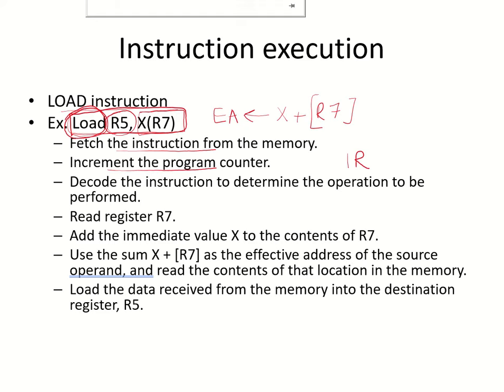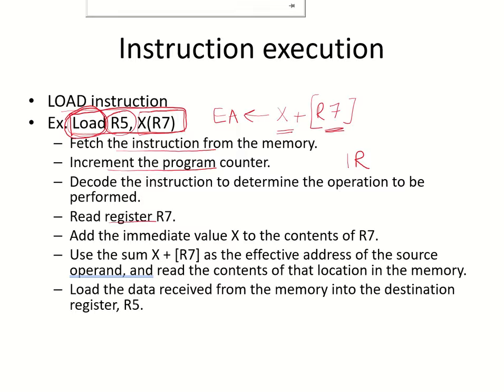What kind of an operation has to be performed will be determined from the opcode. The opcode says that a load operation has to be performed and the source operands are R7 and X.